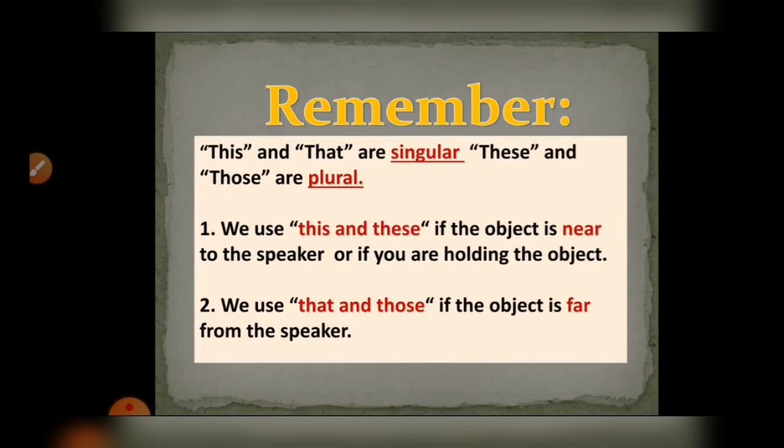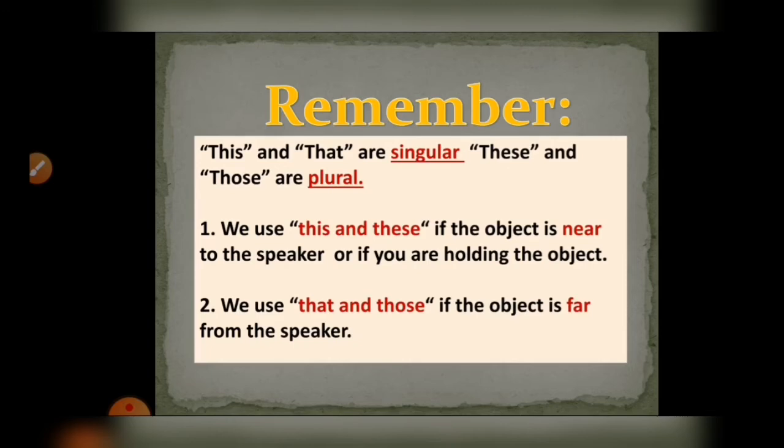Next, that and those. We use that and those when the object is far from the speaker. So I am the speaker. For example, if I'm standing near the blackboard in our school.